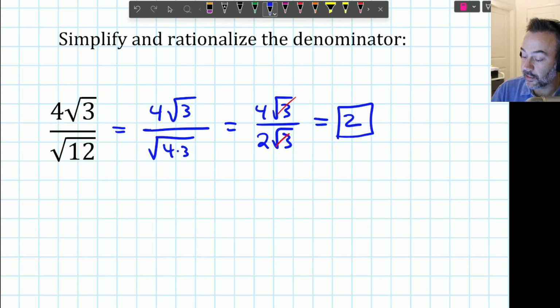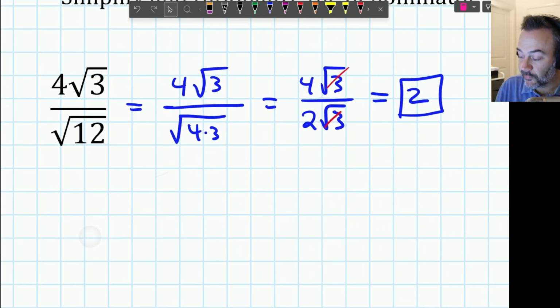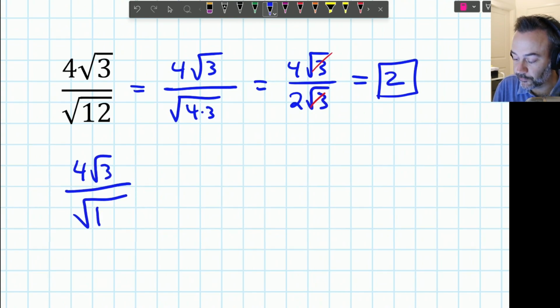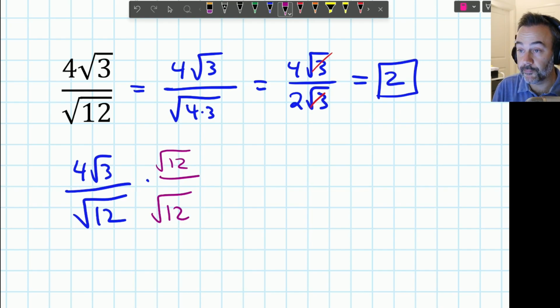And this is a case where just by simplifying the square root as is, they canceled, and so we didn't need to rationalize. Now, if you said, oh, I noticed this, I'm going to rationalize the denominator, then you might go, oh, I'll just do square root of 12, square root of 12 in the top. So we multiply top and bottom by square root of 12.